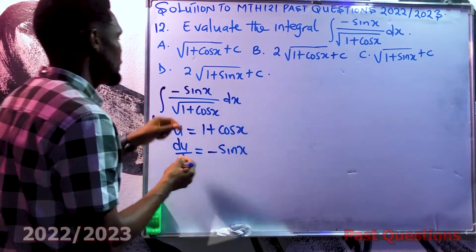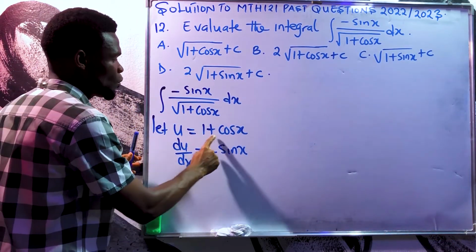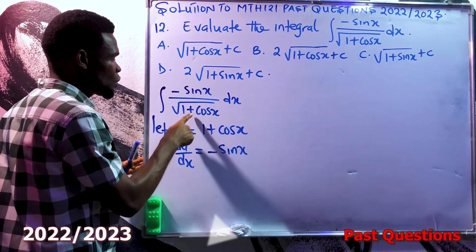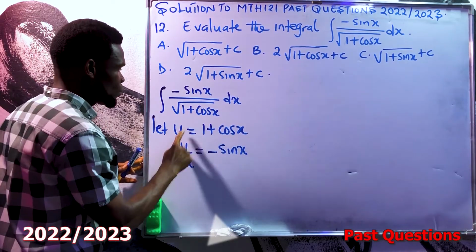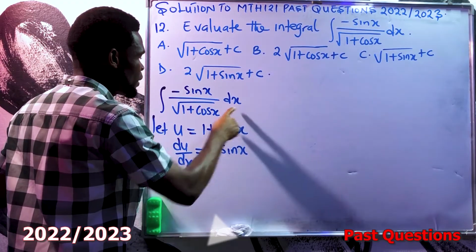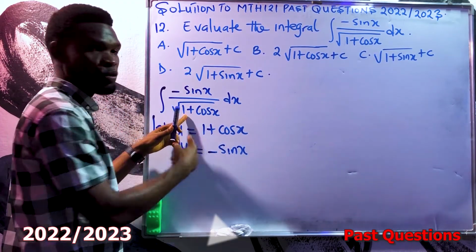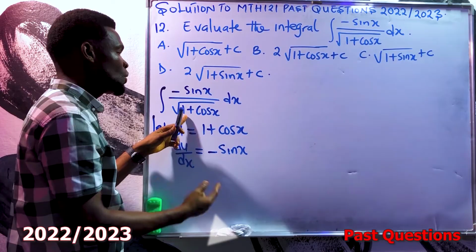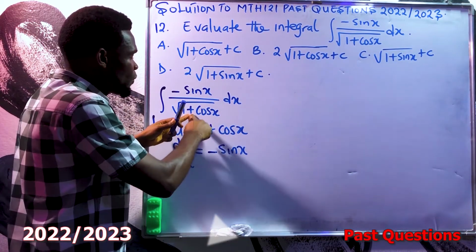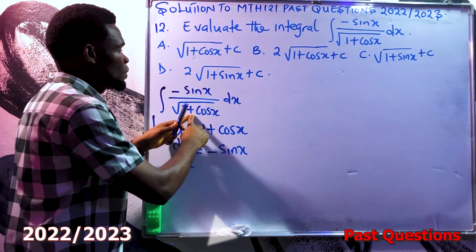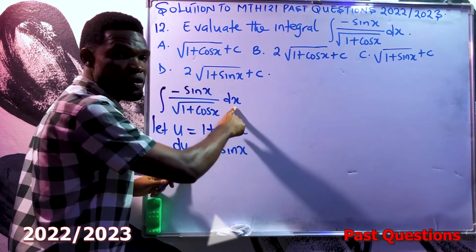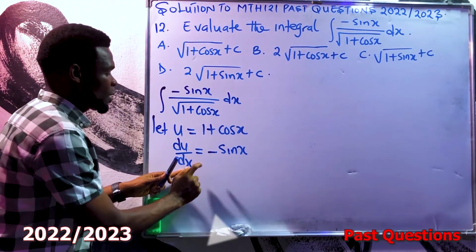Now, since u is equal to 1 plus cos x, it means that in the place of 1 plus cos x, you are going to substitute u. Then this dx here, by the time you put u there, you will not be integrating with respect to x again. You'll be integrating with respect to u. Since I have du over dx here, I'm now going to make dx the subject of the formula, so I can substitute it.